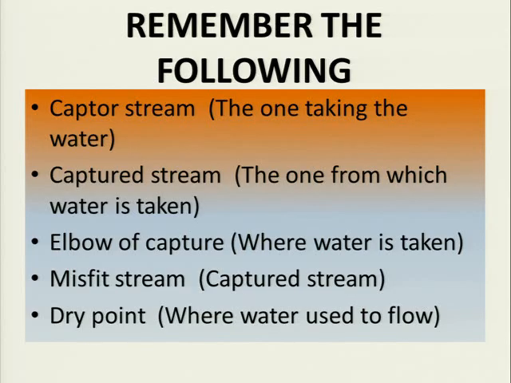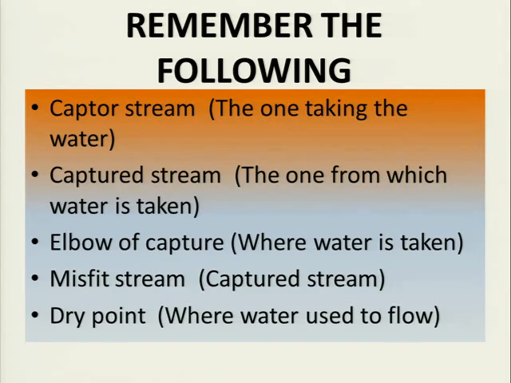The elbow of capture is the precise place where the water is taken, meaning, guys, that you will see it looks like the elbow of a person. The misfit stream, now this is important, that is when the river bed is wider or larger than the amount of water flowing in it.